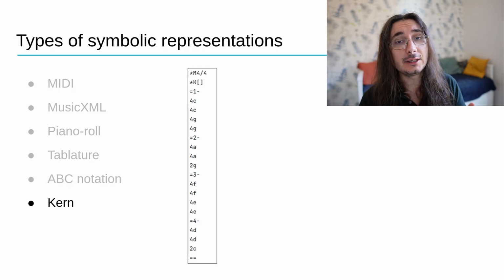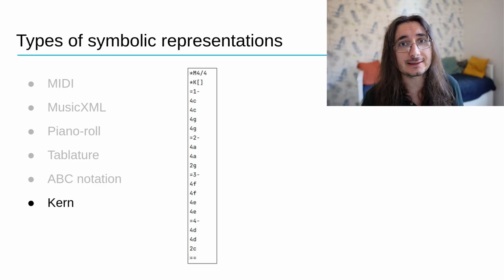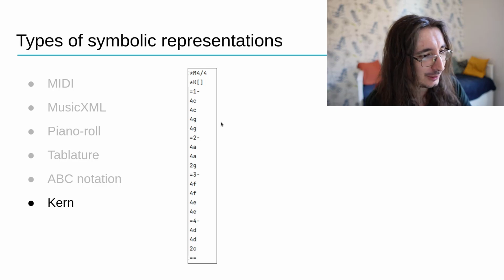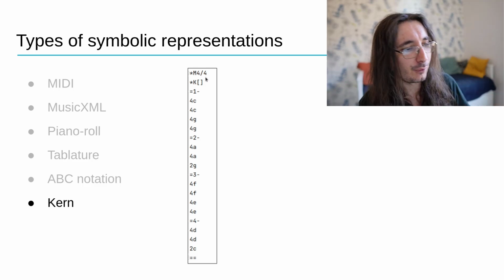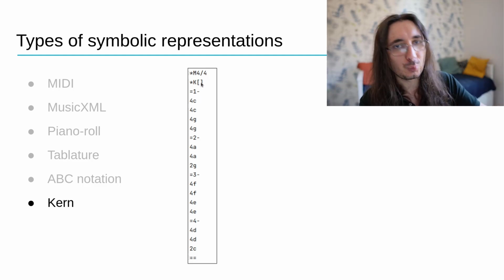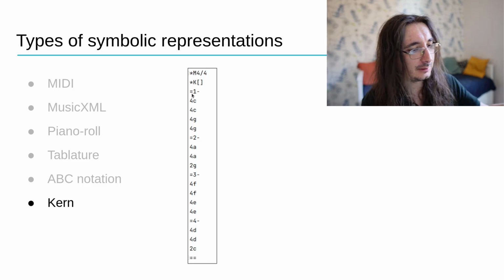Kern is another type of symbolic notation of music that descends from ABC notation. And indeed, you can see some similarities here. First of all, you have information about the time signature, that's 4/4, and the key, which here is empty in the brackets, which basically means it's the default one, that's C major. Then here you have information about the different bars.